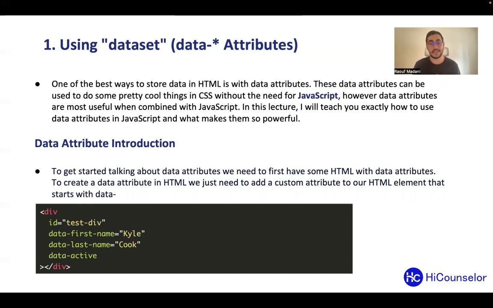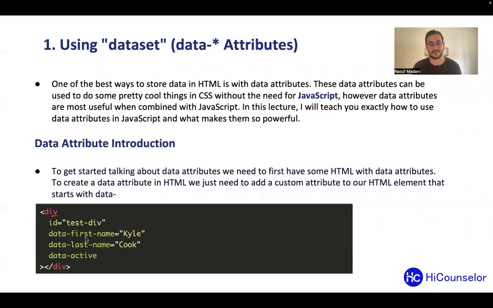So this is a brief introduction, and in order to get started talking about data attributes, we need to first have some HTML with data attributes. To create a data attribute in HTML, we just need to add a custom attribute to our HTML element that starts with data-. As you see, we have a simple div with three data attributes.